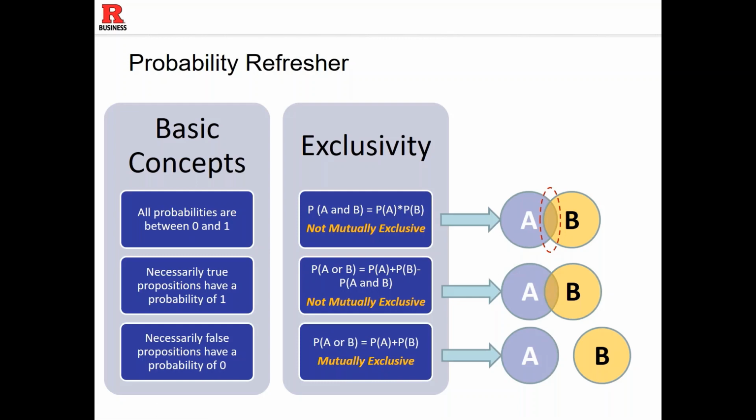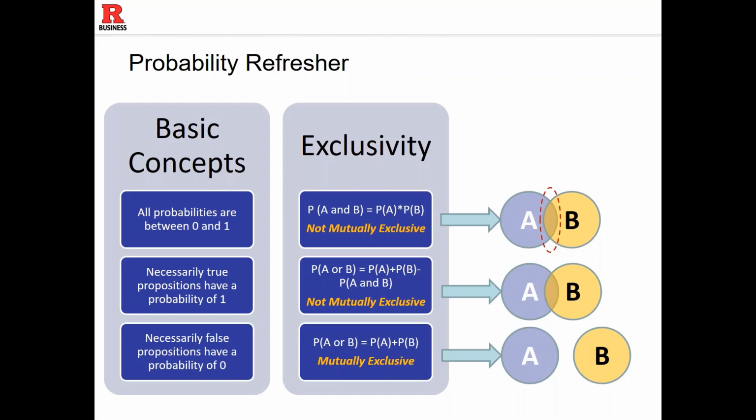Now, this doesn't account for independence, which we're not going to talk about today. But if events A and B are mutually exclusive, the probability of A or B occurring is just the sum of those 2 probabilities. And obviously the probability of A and B occurring together would be equal to 0.